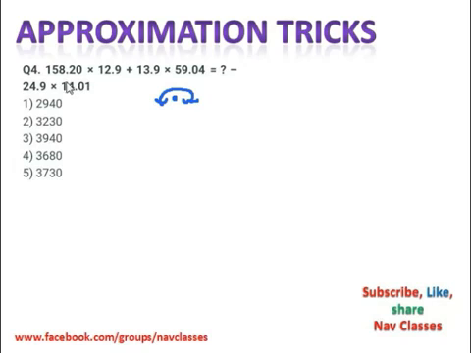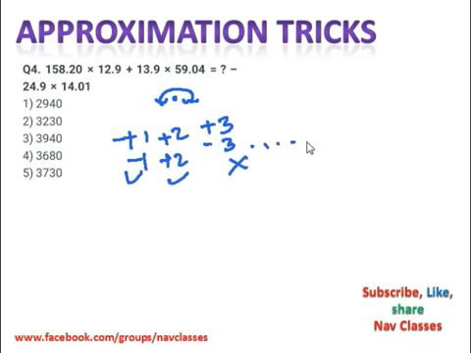In that case you are making just small changes, like 0.0-something points. You are not going to make changes of plus 3, plus 4, plus 5. In some cases you can make changes of plus 1 or plus 2, but not in all cases. In most cases you are going to make the changes in points.